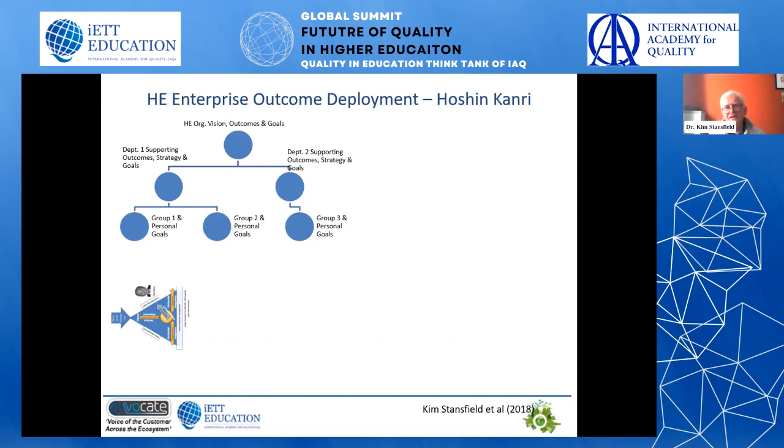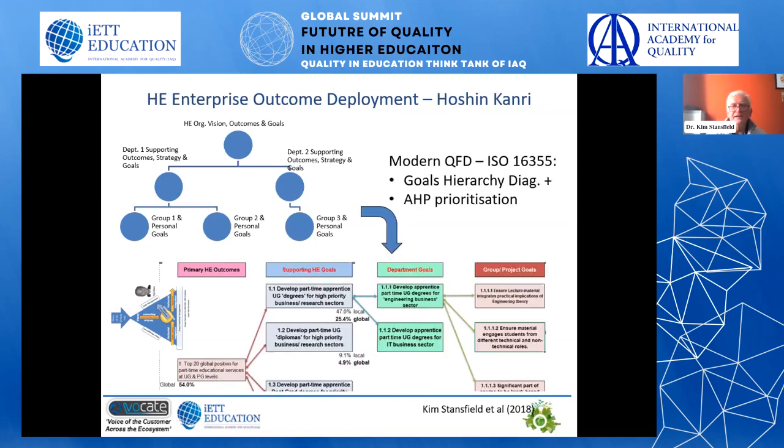When I showed the chart earlier, the triangle was upright and now it's on its side. So this is what we're trying to show here in this structure that comes from the modern QFD way of structuring goal deployment, the voice of the business. This is what this is all about. Understand the voice of your business.